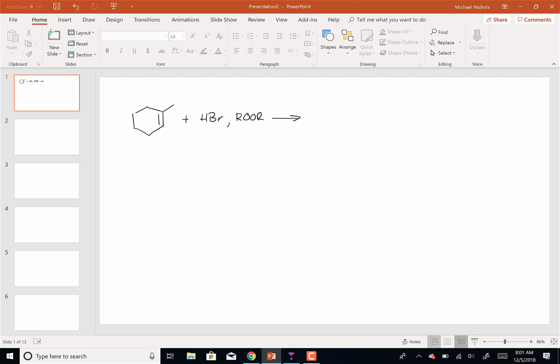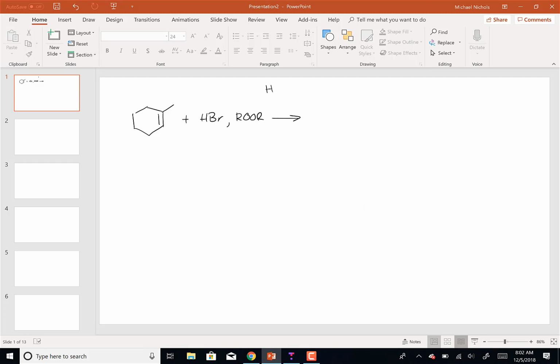So let's see it. We have one more reaction after this that we can add to our chart. So this one should go on the chart as well as the mercuration.